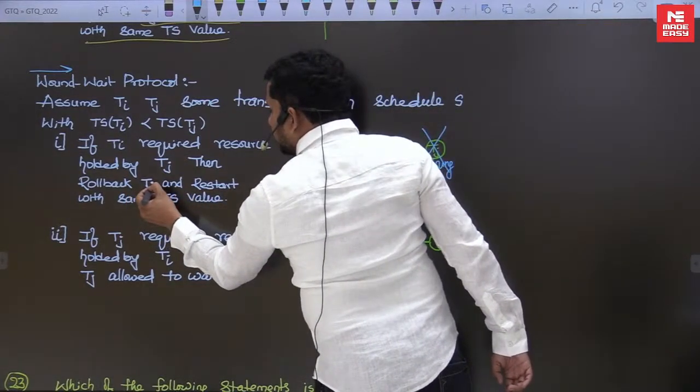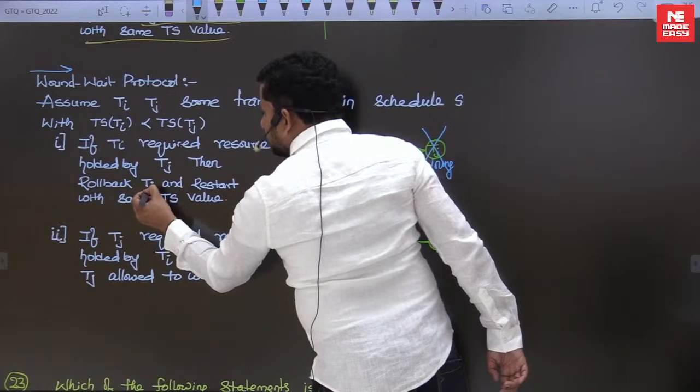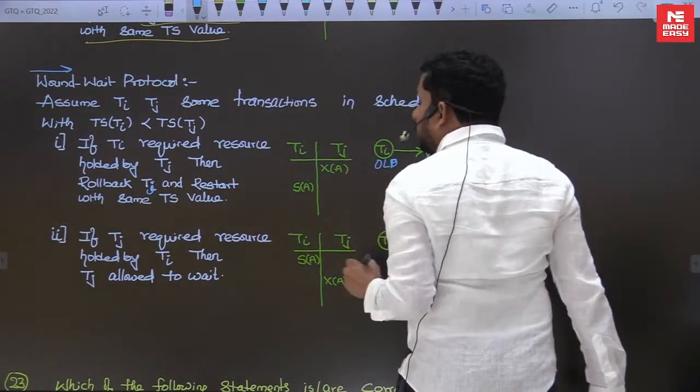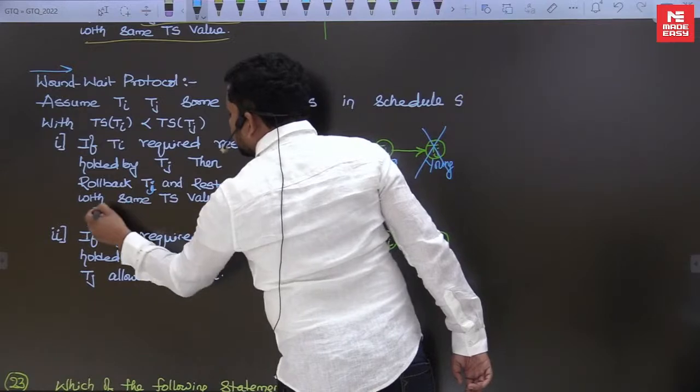So roll back TJ, not TI: only the younger transaction is rolled back and restarted with the same timestamp value.